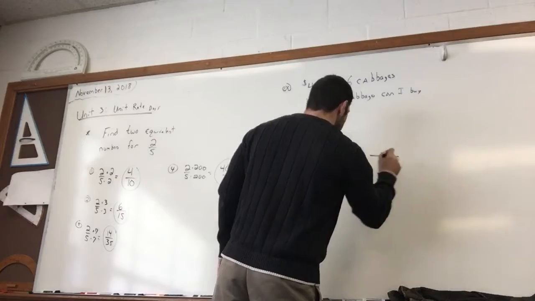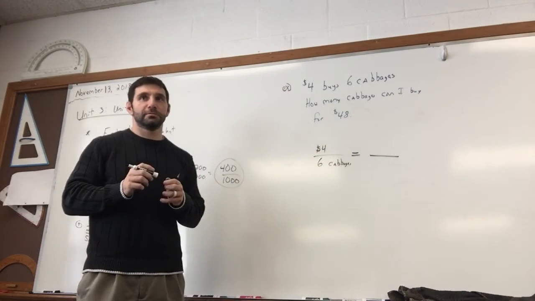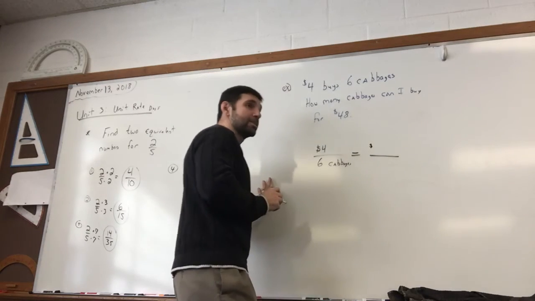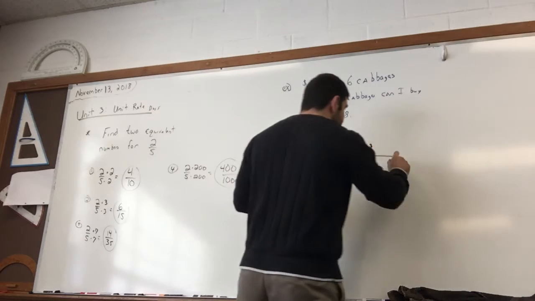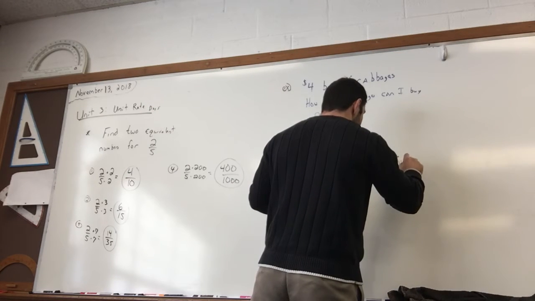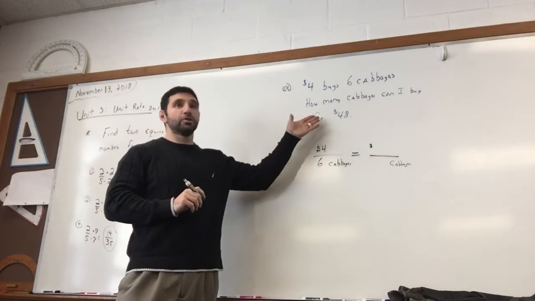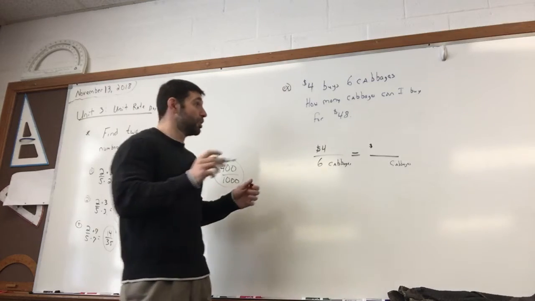So here's what I want you to take a look at. What unit is in the numerator? Dollars stays in the numerator. What unit's in the denominator? So cabbages stays in the denominator. Well, what do we know? Do we know money or do we know the cabbages for the next ratio? Money. We know money.